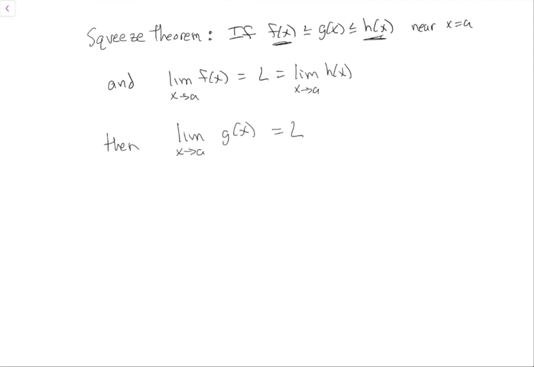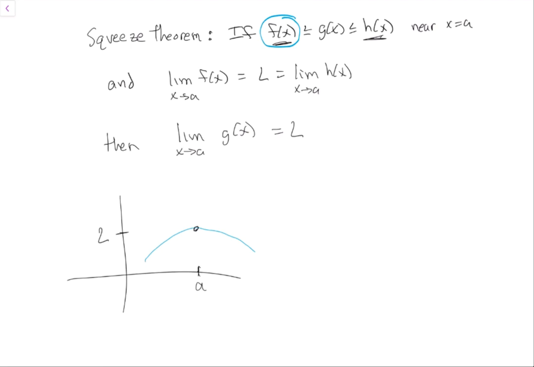So in a visual manner, I'll do a quick rough sketch here. So f of x, again, I'm going to highlight in blue here. f is my lower function. Let's say here's f. And then h is my upper function. And actually, let me make this a little prettier. So let's say here's f, and we know that at x equals a, we have L as my limit.